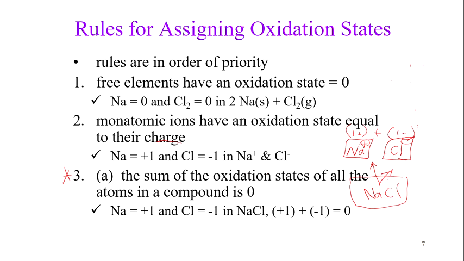If you add them up, the total is 0. So always when we have compounds, the oxidation numbers between elements have this relationship. If you add them, you will see the number is going to be 0.